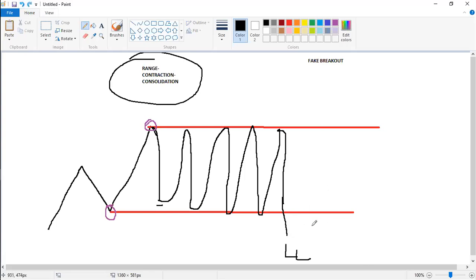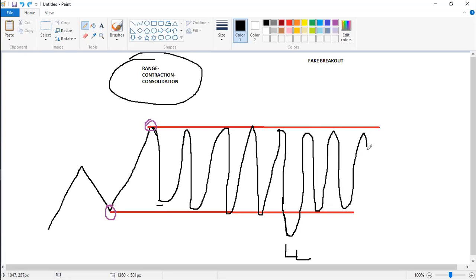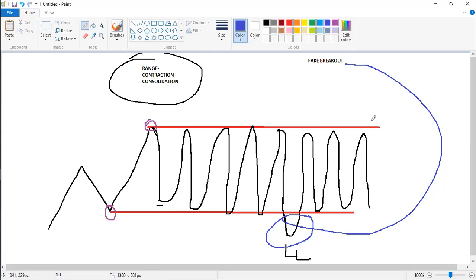But price does this: lower low, lower high, no low. Then they continue with the old range. So this one here, that's what we call a fake breakout. It's a BMS, but then price comes back and continues the range.